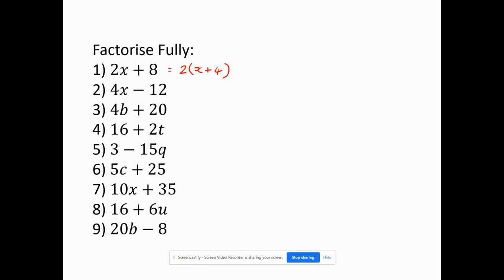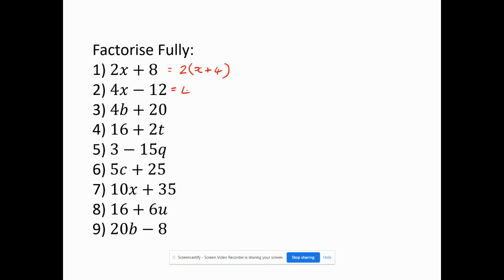The second one, 4x take away 12. 4 and 12 are both in the 4 times table. That's the largest times table they're both in. Or we could think about it, the highest common factor of 4 and 12 is 4.